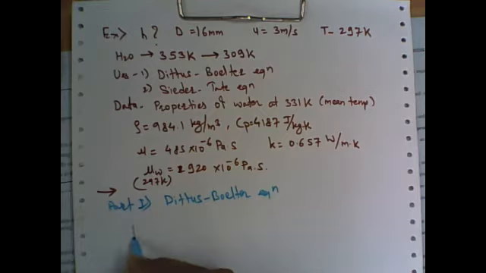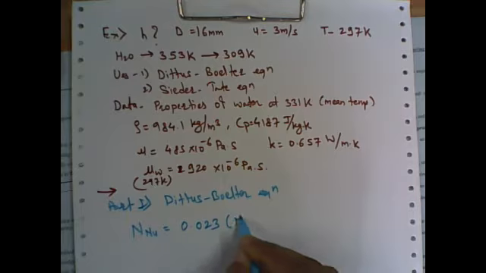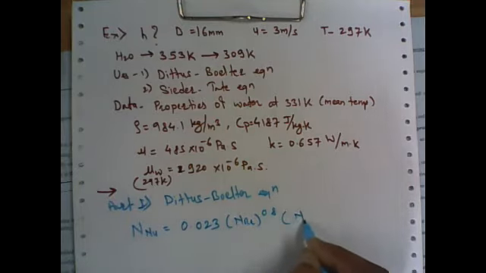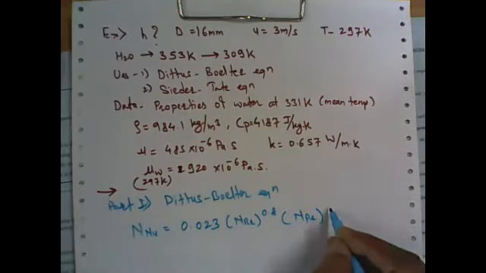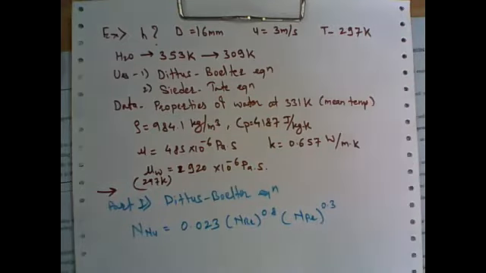Generally the Dittus-Boelter equation can be written as Nusselt number is equal to 0.023 NRE raised to 0.8, NPR raised to 0.3, right?